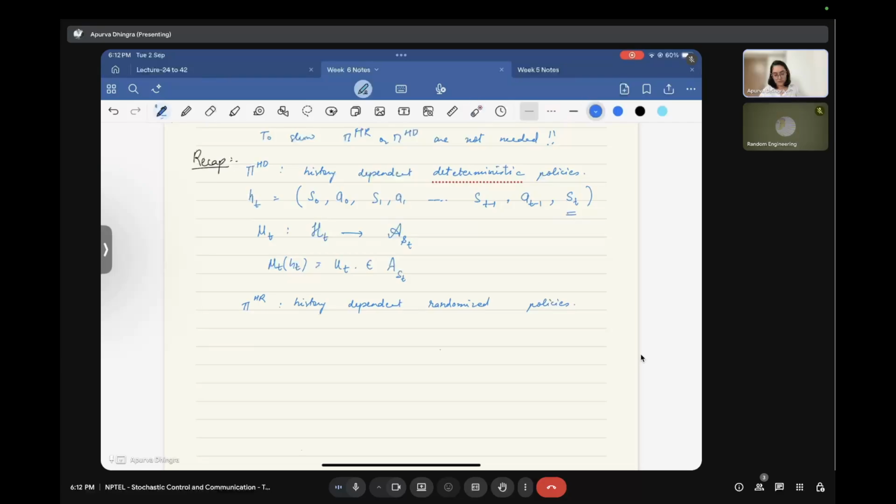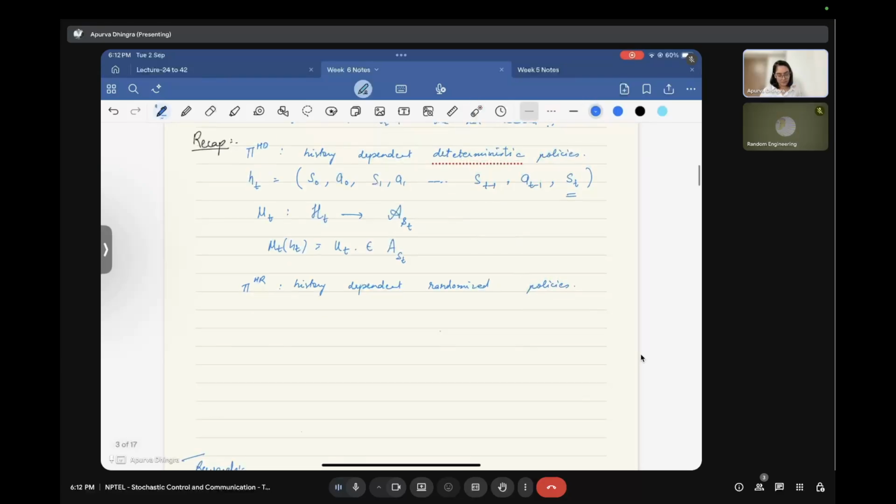On the other hand, the other possibility is if we start out from the space of histories and instead go to the simplex of the action space. I've not written the action space clearly here. I'll come back to this in a moment.